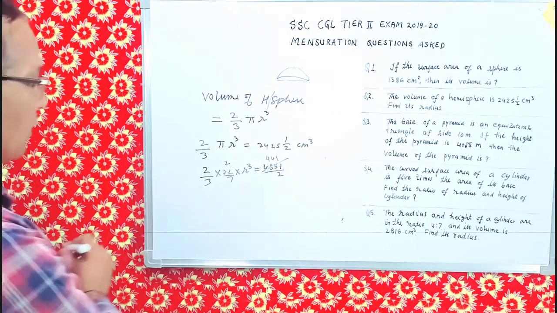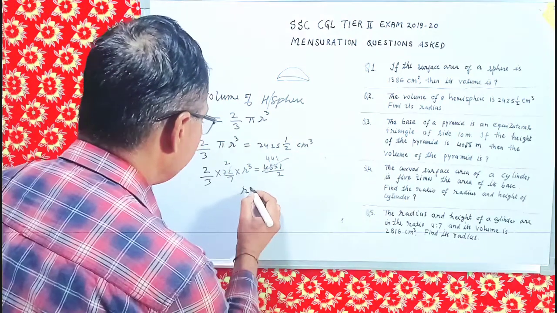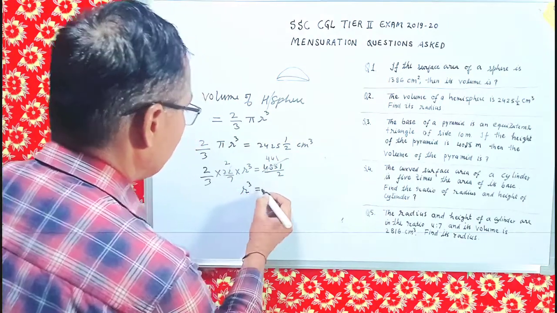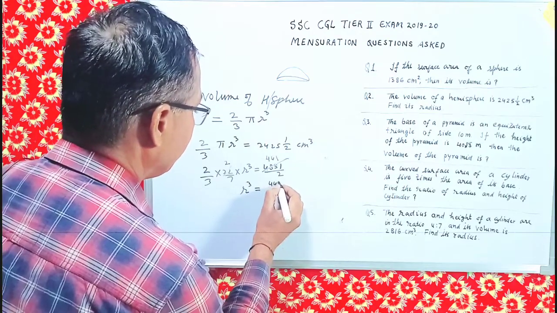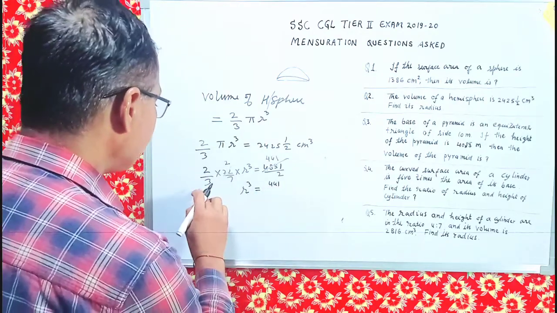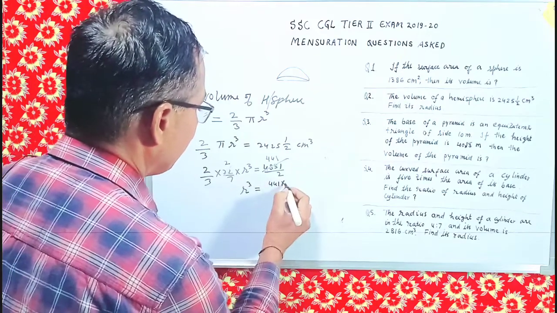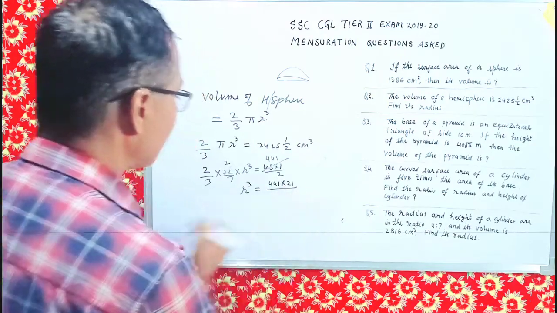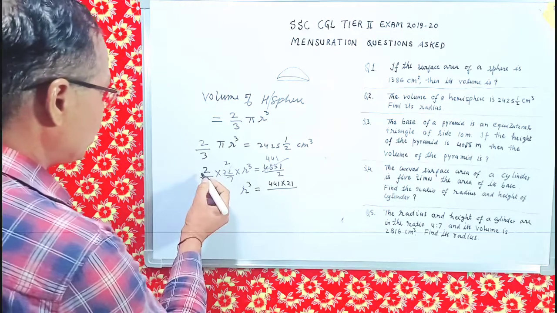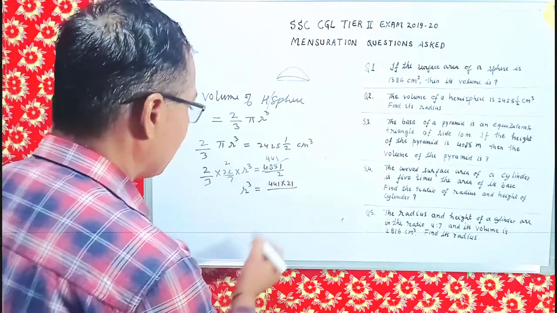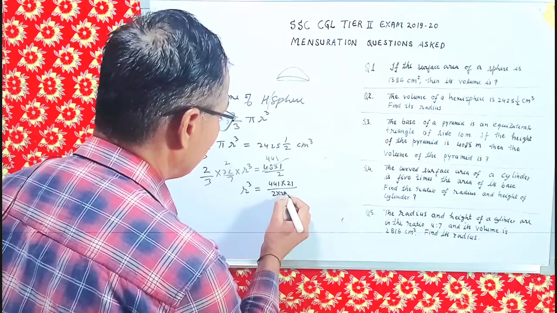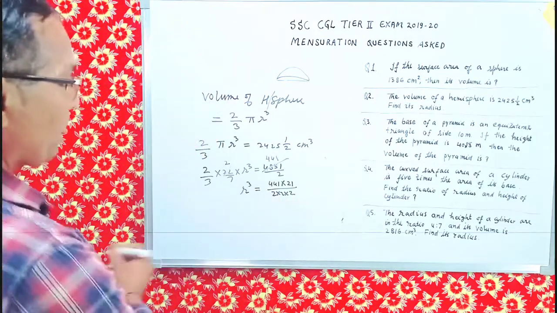Now r cube is equal to 441, and this 3 7 the 21 will come here in the cross multiplication, and this 2 into 2, and this 2 is already available here. So we will be having here 2 into 2 into 2.